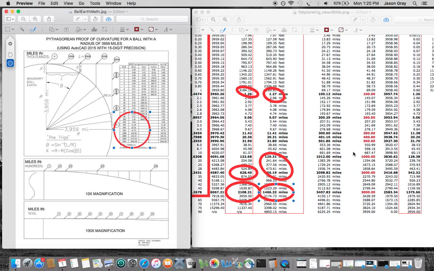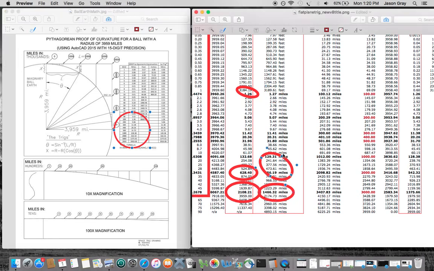These are what I'm trying to say. If you look at the 1.26 here and the 1.26 here, they're very close, right? Very similar.